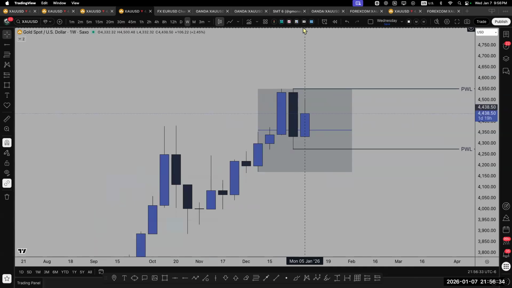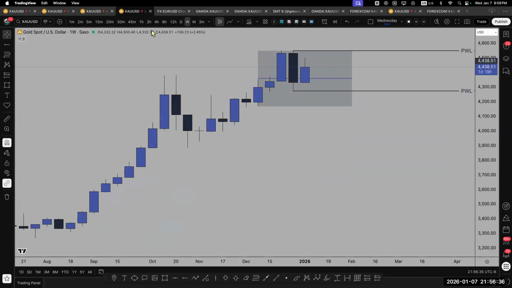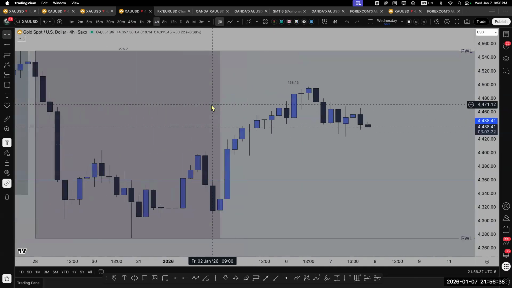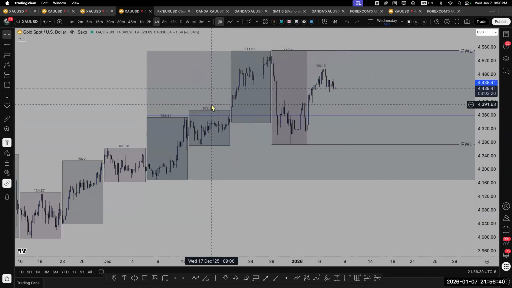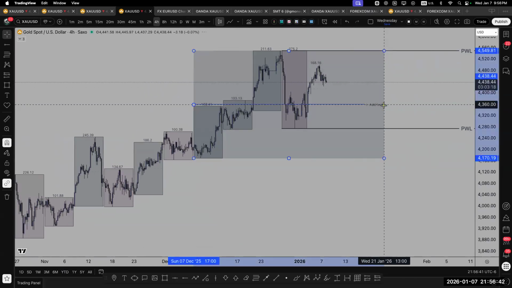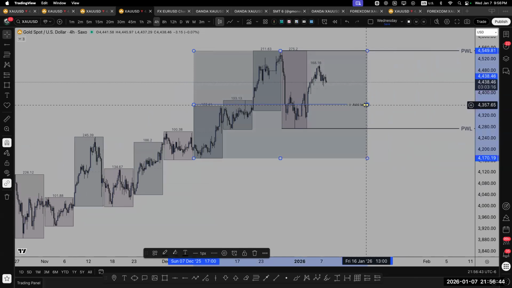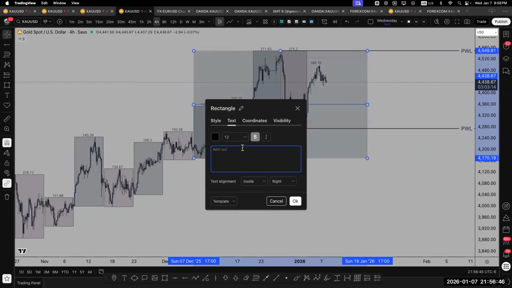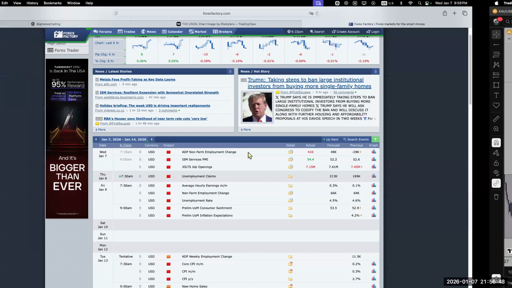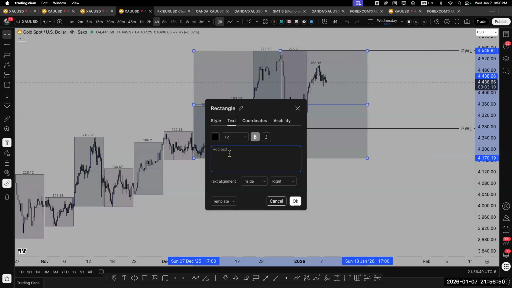Here we go to the 4 hour. Perfect. All right, so remember, this is 50% of those three candlesticks. And here I will write down weekly candles, weekly control, and 3 candlesticks.